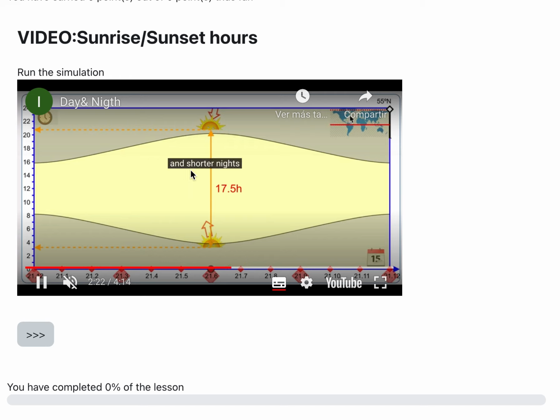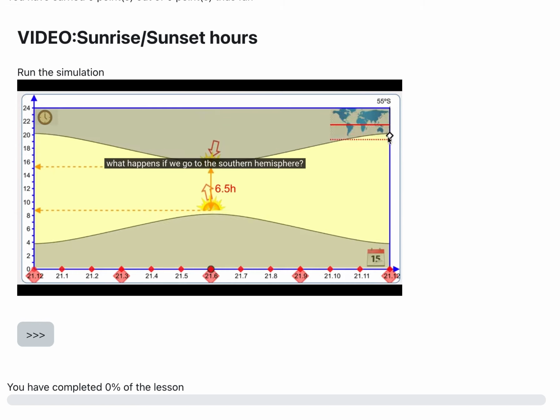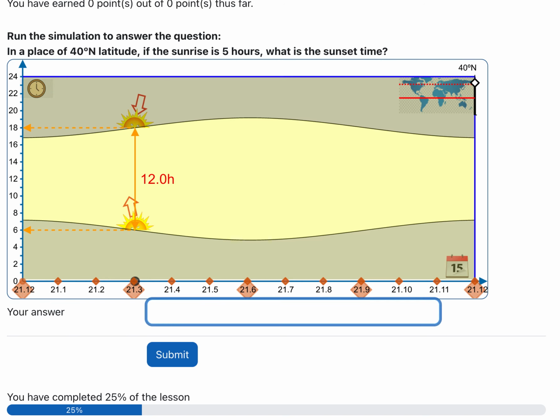So this is equivalent to the teacher explanation of the content, and then we go for the students' interactivity. Here the students can interact with the simulation, and then he can play with this.